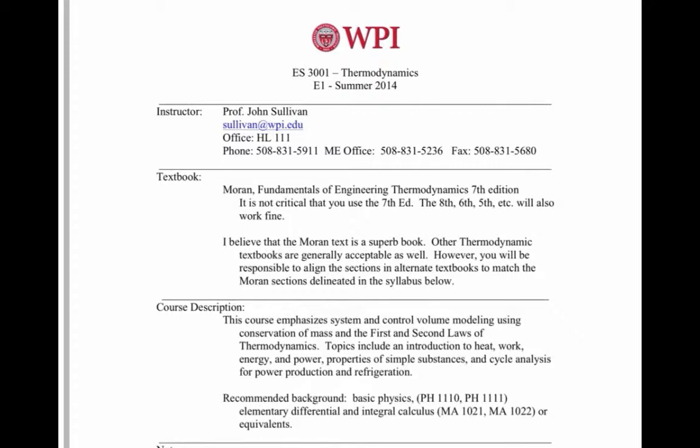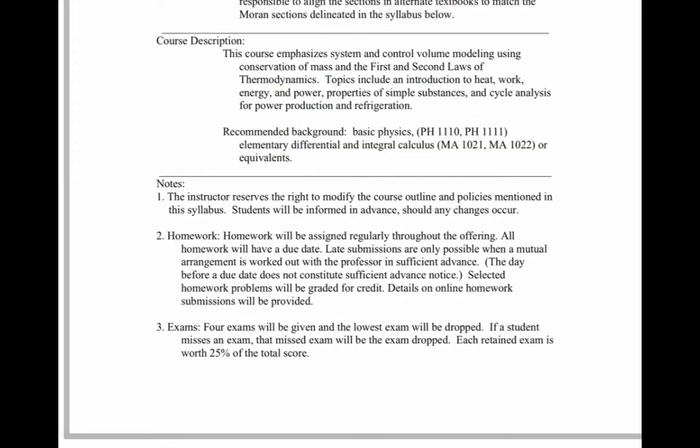So you don't need to have this particular book in order to do the course. However, if you do use a different book, it'll be your responsibility to figure out which sections you need to read within your textbook.